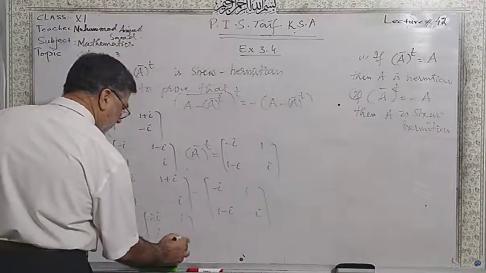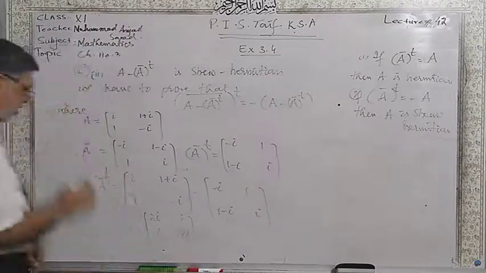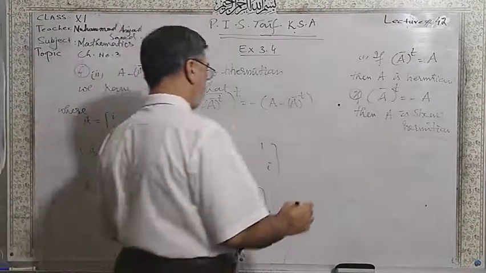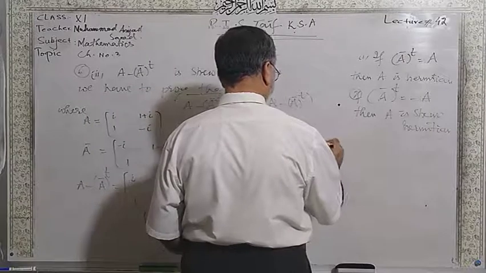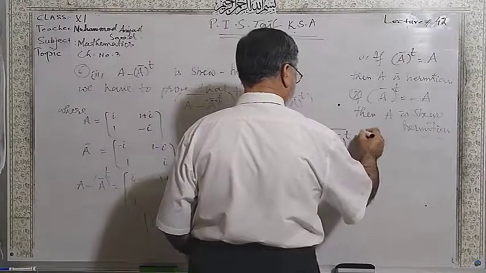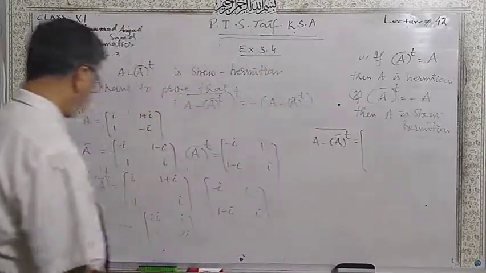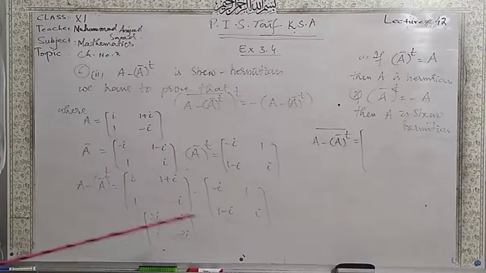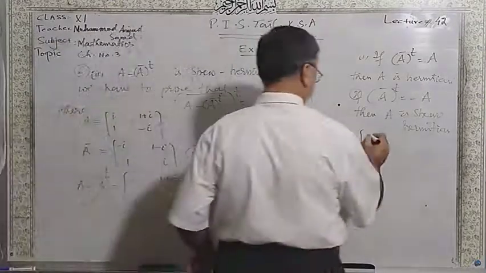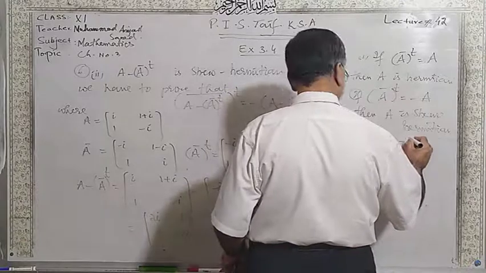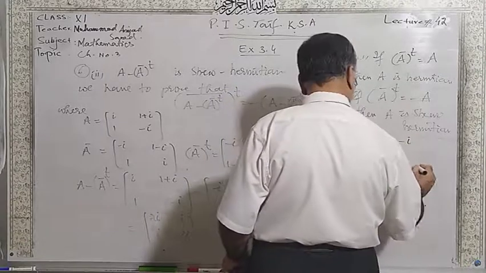Minus iota, minus 2 iota. Remember that we have A minus A bar transpose whole bar. I am taking whole bar of this. What will be? Minus 2 iota, here is minus iota, and plus 2 iota.